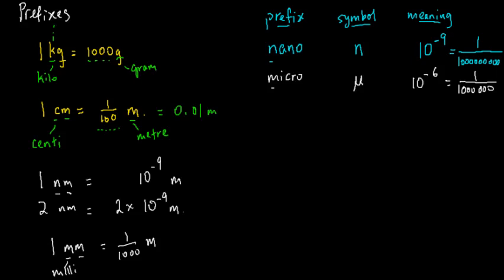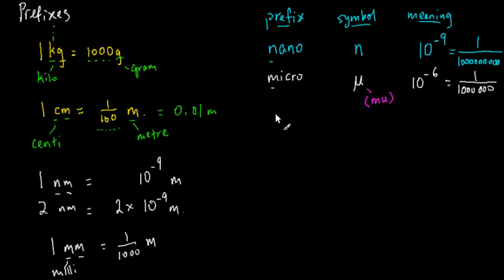It is really a Greek letter, Greek as in the country Greece in Europe. This Greek letter is pronounced as mu. So we use this symbol and we call it mu, or you can just call it micro when you say it.